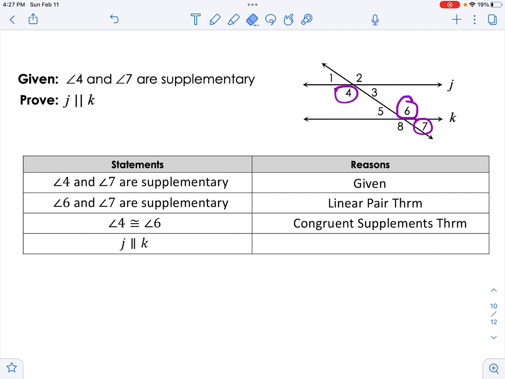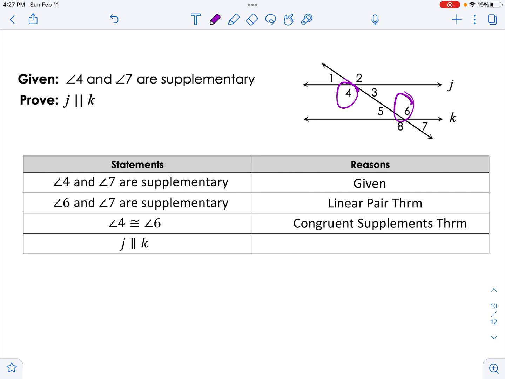Okay, so now we know that 4 and 6 are congruent. So let's see here. Just do 4 and just 6. Now those two are congruent. If those two are congruent, that means J and K have to be parallel, which is what we're trying to prove. So 4 and 6 are congruent.